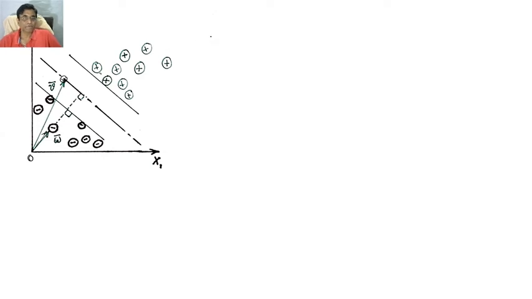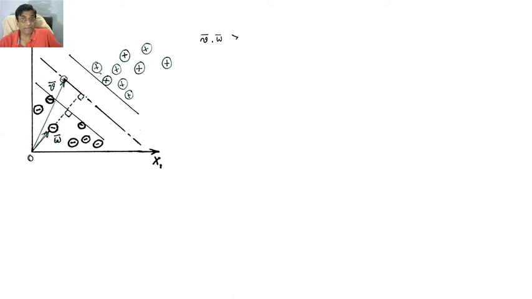If I want to make a projection of this vector on this W, which is perpendicular to this gutter, then we get a dot product. So it will be a scalar quantity, right? And now I can make a decision.